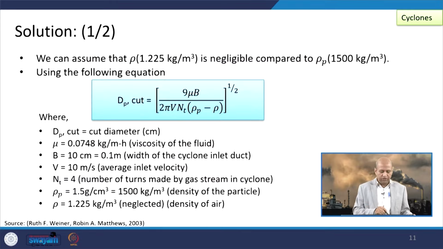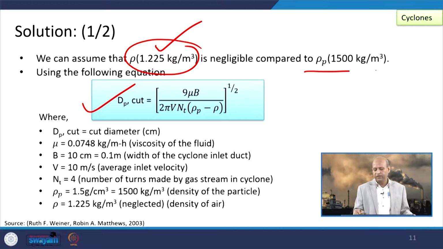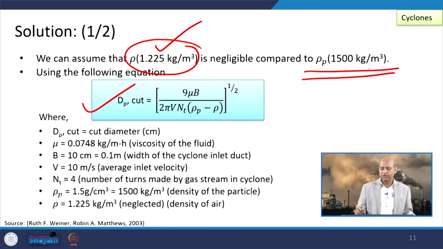So, we use these values, okay, in this particular relationship, diameter cut, we calculate. We put these values of the density, which is, air density is negligible in comparison to the density of the particle, which is 1500 kilogram per cubic meter. So, you can ignore this parameter basically, and all other values are given here.